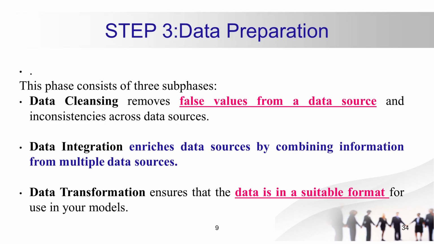The next step is data preparation. Data preparation consists of 3 steps. The first is the data cleaning process. First of all, we have to remove the false values or missing values, or remove the outliers from the data. Once the data is cleaned, you can enrich the data sources by combining the data from multiple data sources.